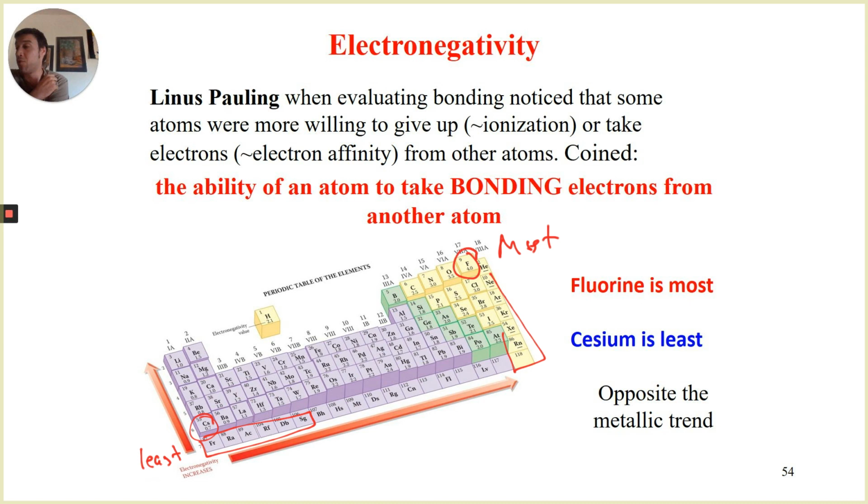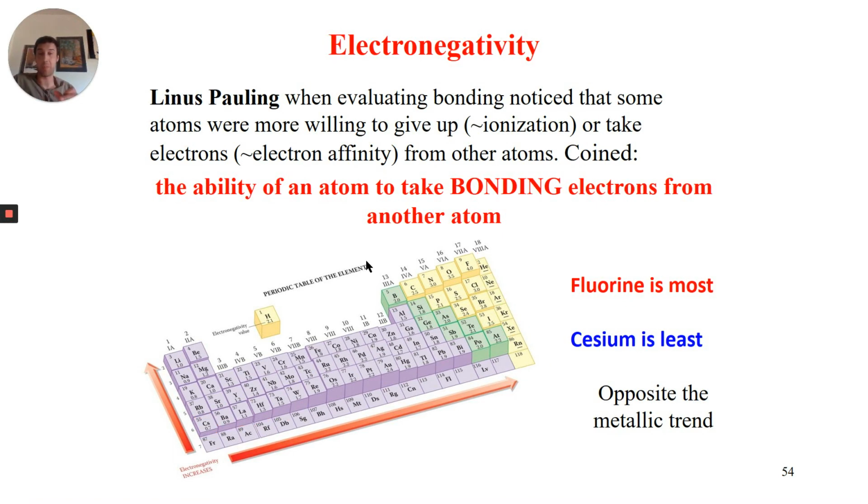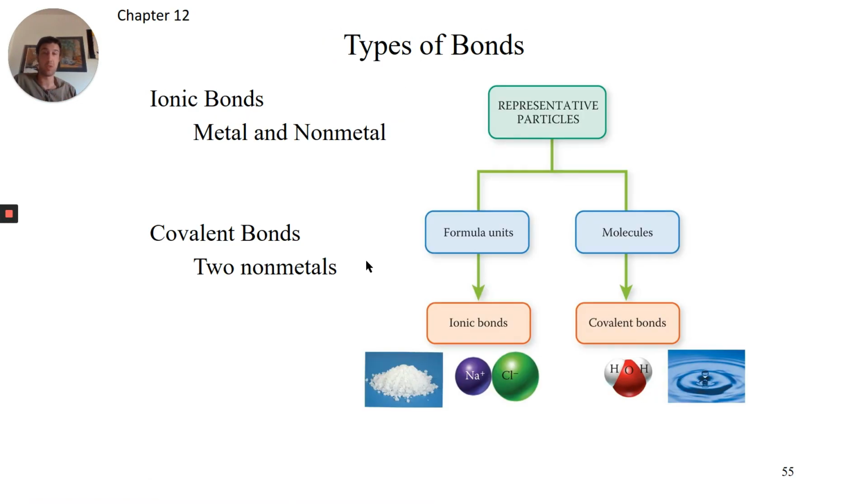They're so unreactive that they don't react, so we can't predict or rank their electronegativities, okay? And it's the interplay between those that really dictates the bonding patterns that we'll see and predict in the coming unit, which makes me nervous. Yeah, and that's going to be chapter 12, our types of bonds. Okay, so we'll look at that in a little bit.